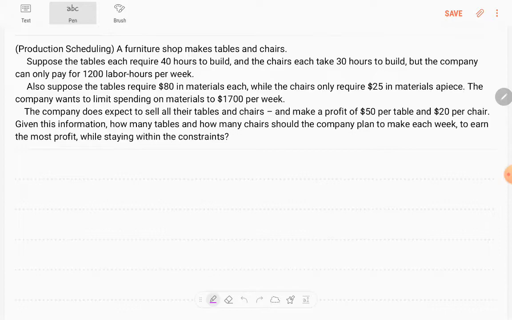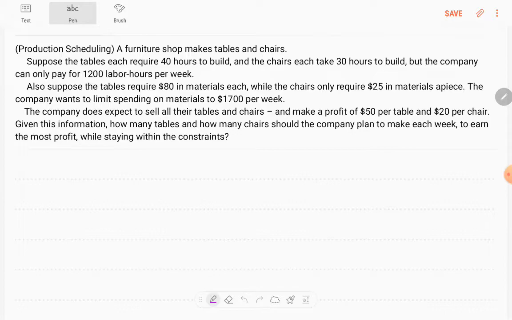The company wants to limit spending on the materials to $1,700 per week. So the company does expect to sell all their tables and chairs to make a profit of $50 per table and $20 per chair.